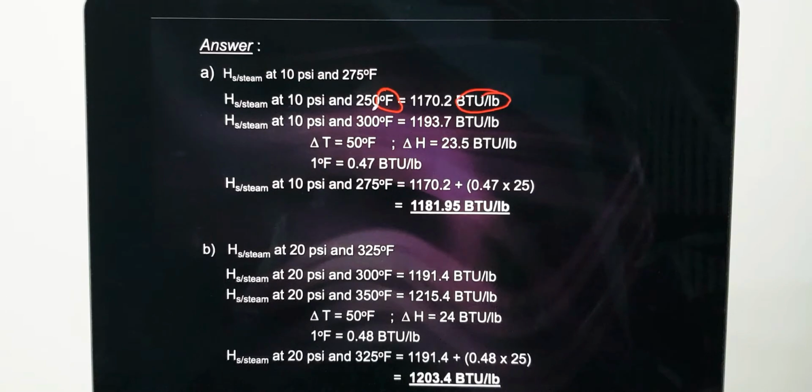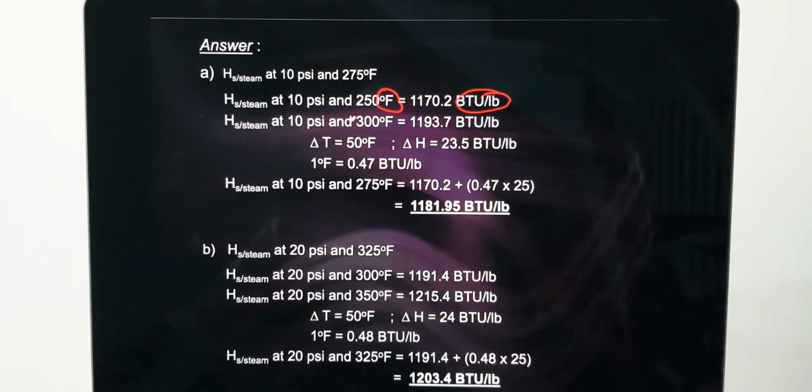If you just put 10 psi and 250, 250 what? Does this value represent the temperature or the enthalpy? And for the temperature, which unit is being used? Is it the SI unit or the British unit? So please do not forget to write the unit.